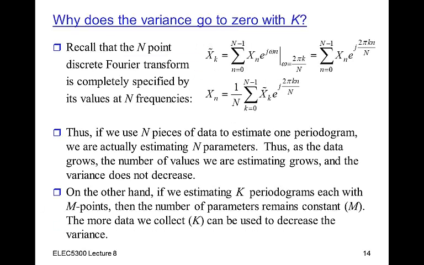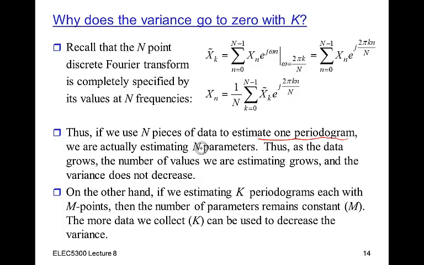So why does the variance actually go to 0? Well, remember that when we only took the one Fourier transform of all the n points, we actually got n frequencies. So when we take an n-point Fourier transform, we get n frequencies. And so therefore, if we use all n pieces of data to estimate only one periodogram, then we're actually estimating n parameters.